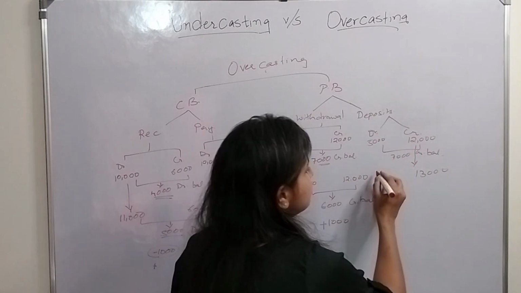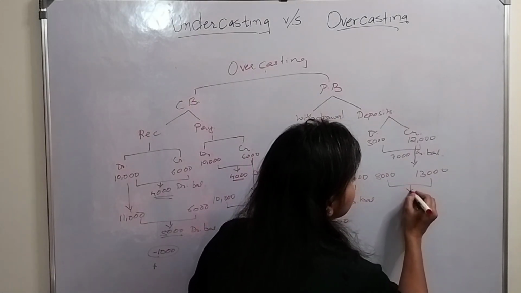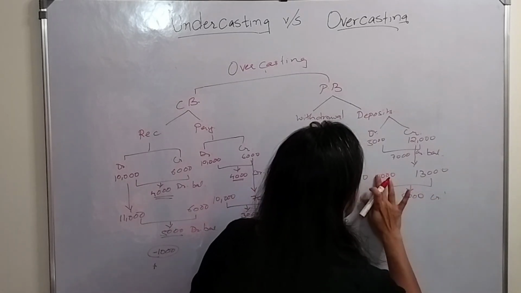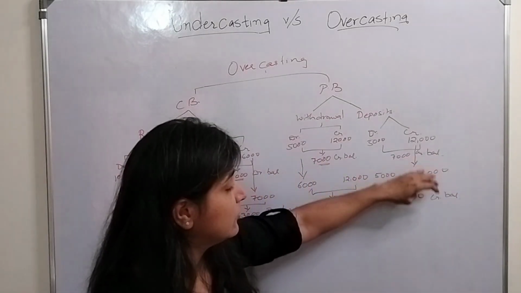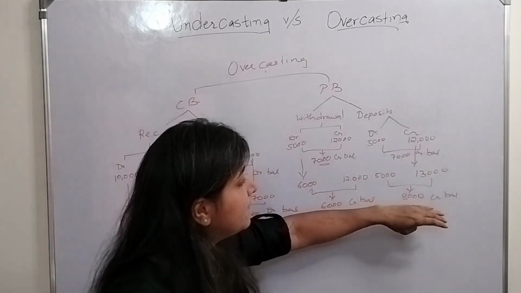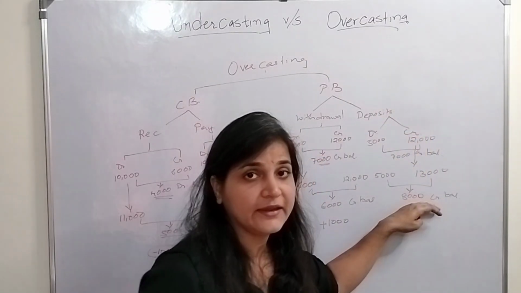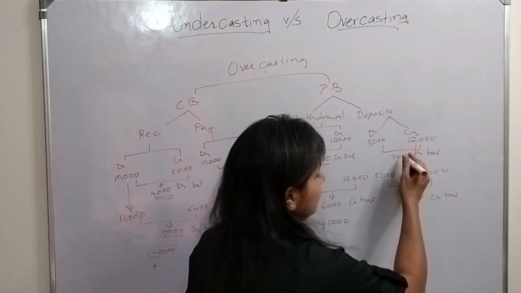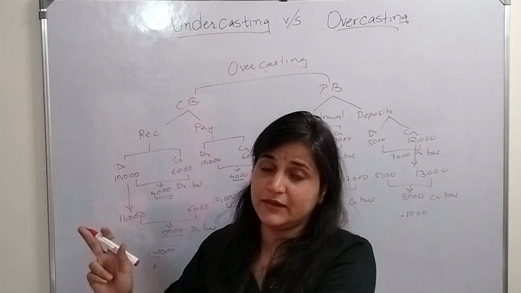The withdrawals are the same, 5,000, and my credit balance is showing 8,000. What it should actually show is 7,000, but because of overcasting on the deposit side it is showing a 1,000 increased amount. So I need to deduct it to reconcile it with the cash book.